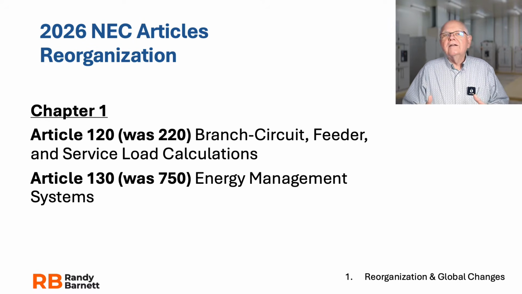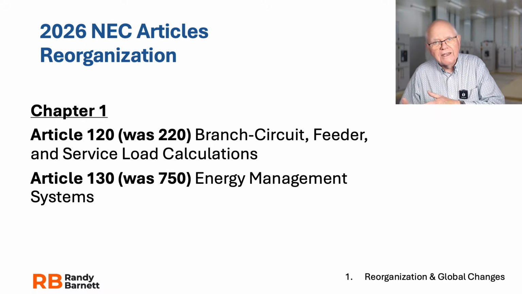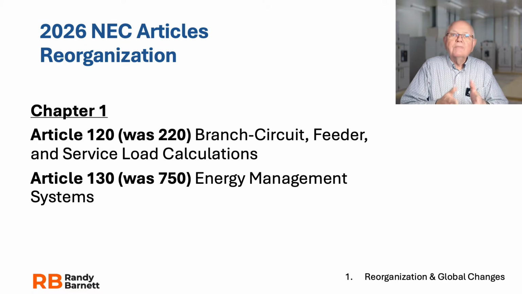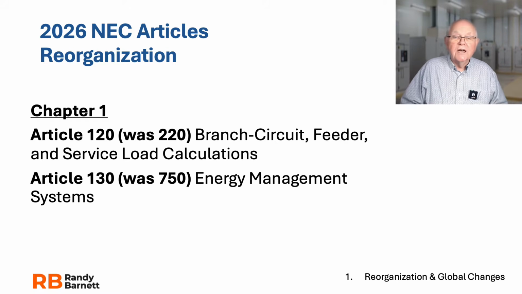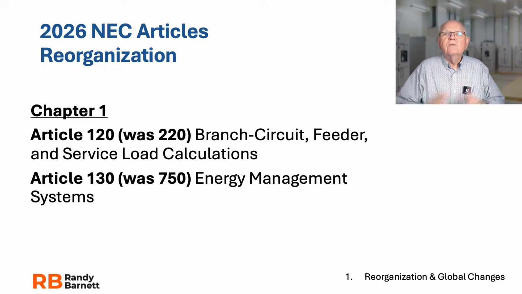And if you think about it, the reason that Article 220, calculations, was moved to Chapter 1, now Article 120, it doesn't apply just to Chapter 2, does it? It applies throughout the code. We have all kinds of locations where we're having to come up with branch circuit calculations and feeders and services and so forth. So anyway, that's Article 120 now.